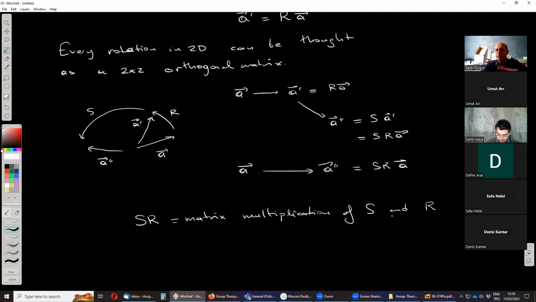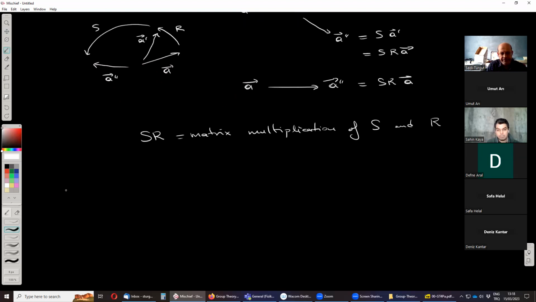There are some groups, for example, where I can consider the group operation as a multiplication of complex numbers. Right? There are these kinds of examples. For example, the real numbers together with addition is a group.